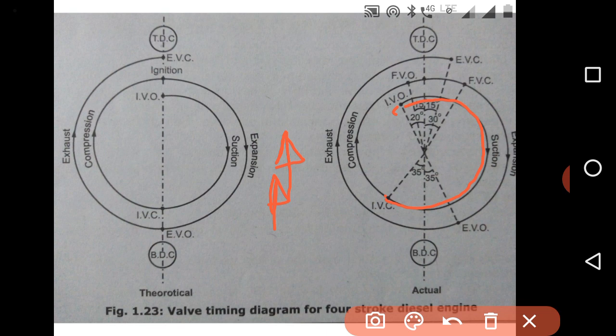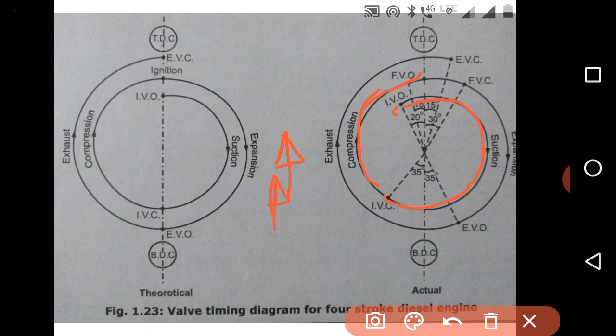This valve closes 30 to 40 degrees after BDC, and then the compression process occurs. At the end of the compression process, 15 degrees before top dead center, we start the injection of fuel.